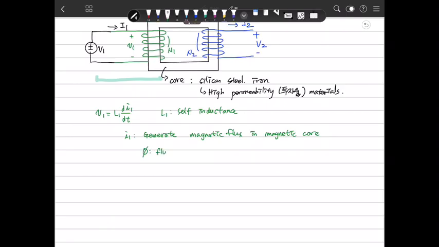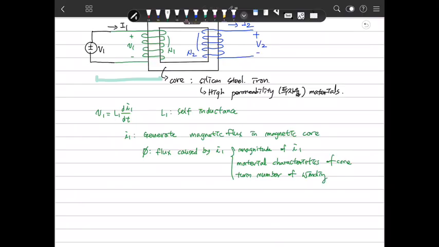It is determined by the magnitude of I1, the material characteristic of the core, and the turn number of the winding.